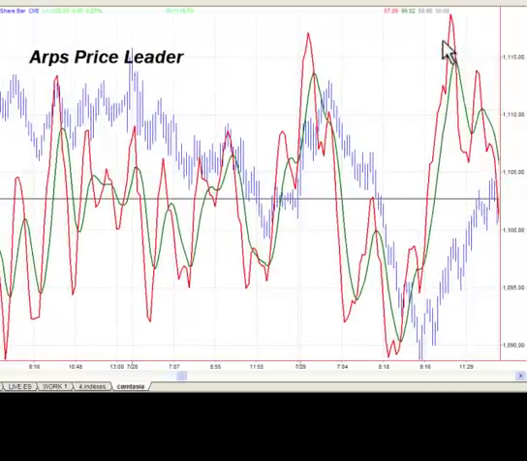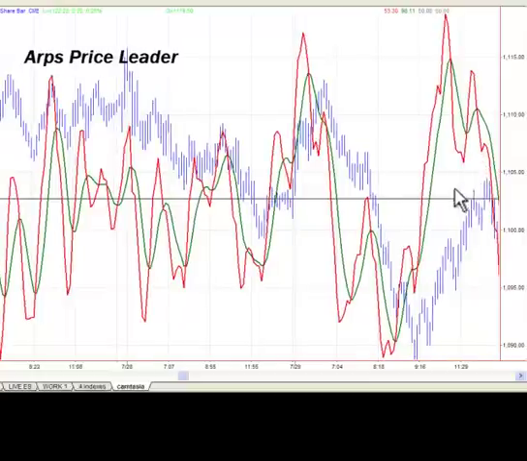Again, we see these two peaks in the fast line diverging from the direction of price. And we notice that these peaks have also created another trend divergence, offering perhaps another pullback entry opportunity or an exit warning.